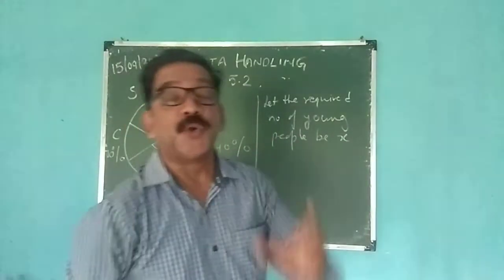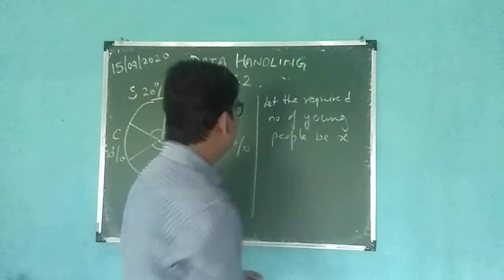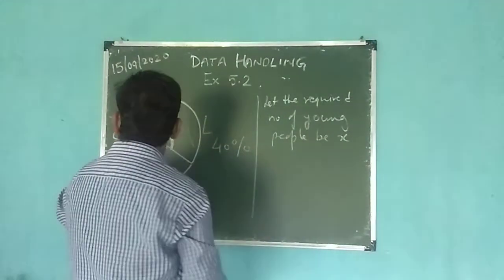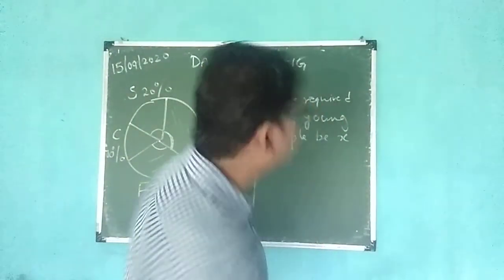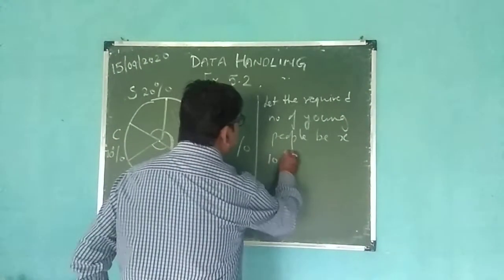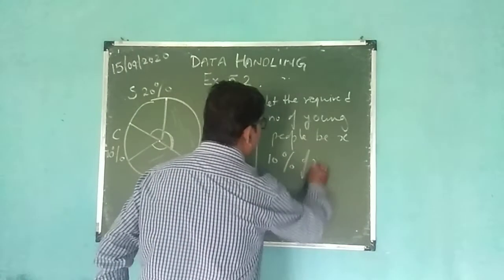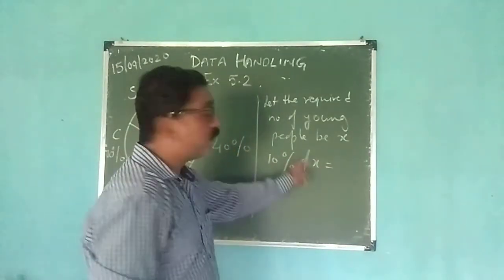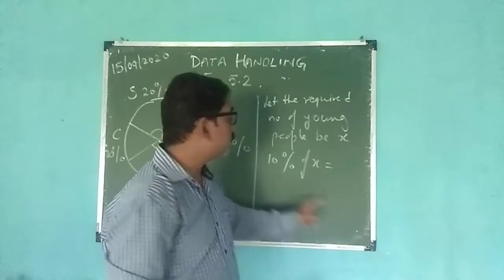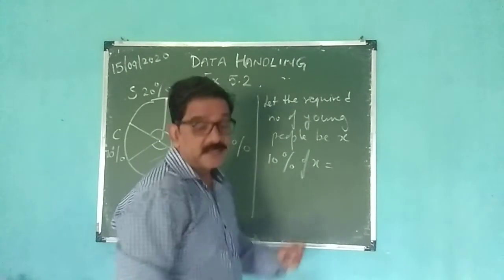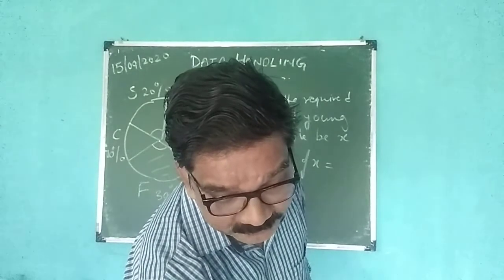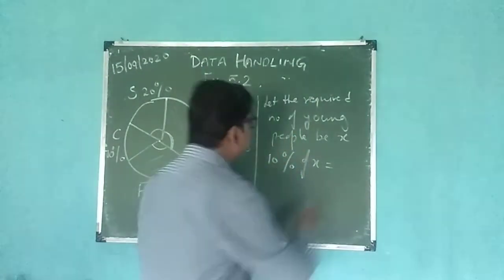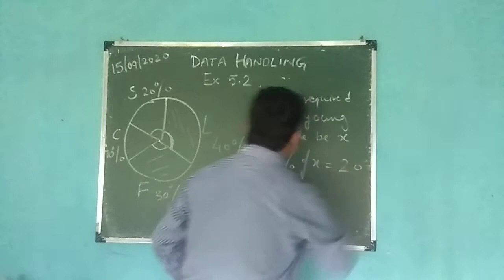Now 20% of x, sorry this is 10%, sorry this is 10% here. Now 10% of x, that is young people, 10% of young people they liked classical music, so that number is given as 20.